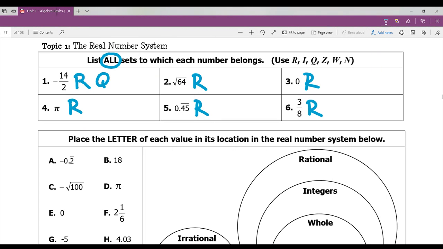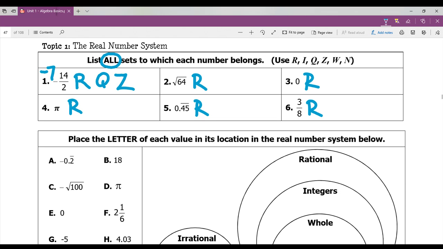So the next option could be Z, an integer. Can you reduce this fraction so it's not a fraction anymore? Well, yeah, 14 divided by 2 is 7. This is secretly negative 7. That's an integer. Okay? It's not whole because it's negative, so we stop at Z.